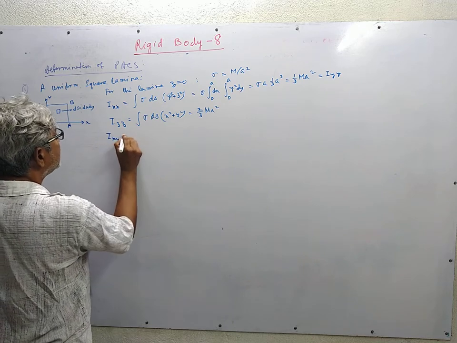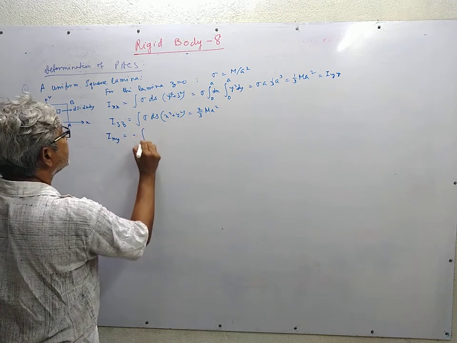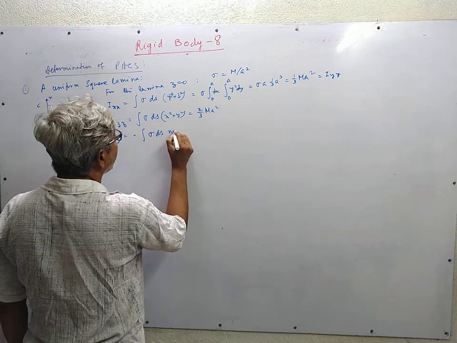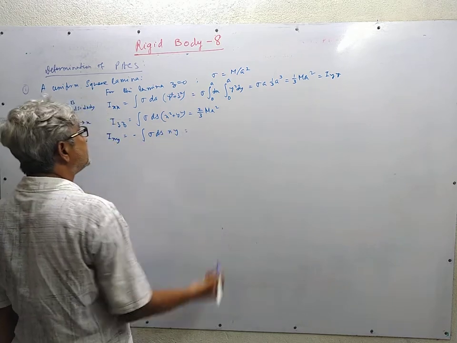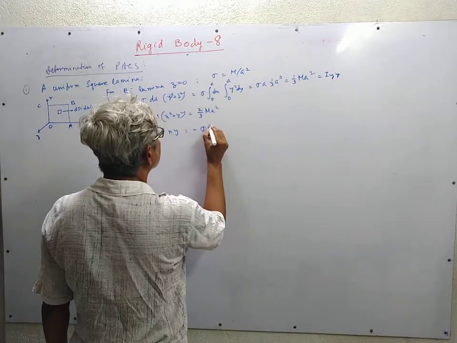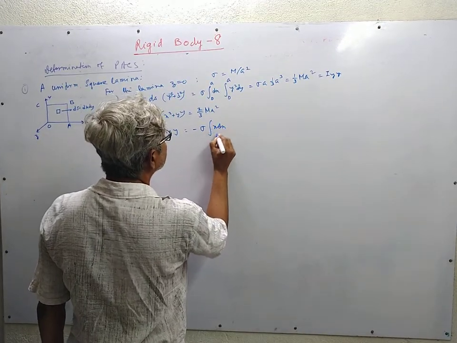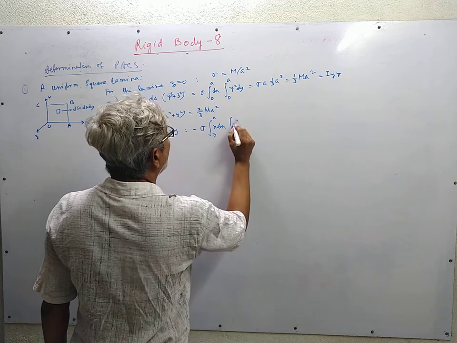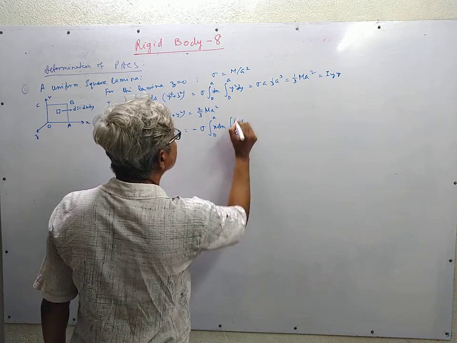Now Ixy is equal to minus sigma ds xy. So this is minus sigma, x dx from 0 to a, y dy from 0 to a.